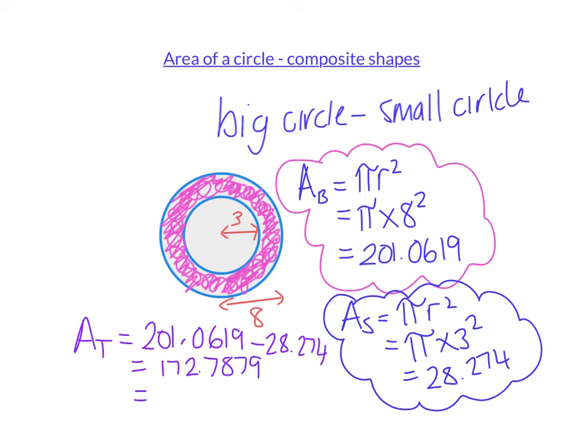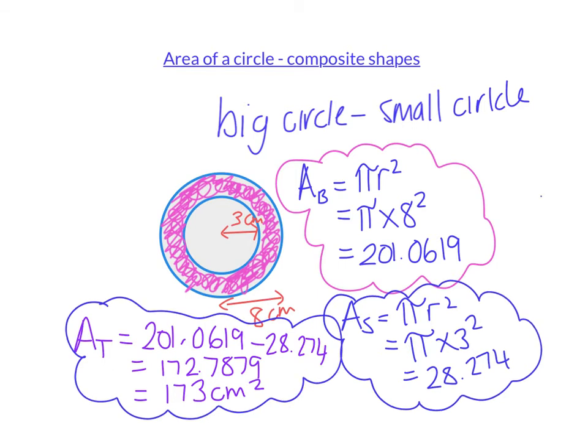We're just going to need 3 significant figures, so it's going to be 173. Now, the diagram didn't have units on it. I'm going to add in centimetres, and that would mean that our area would be in squared centimetres. Okay, excellent. We'll do one more composite shape.